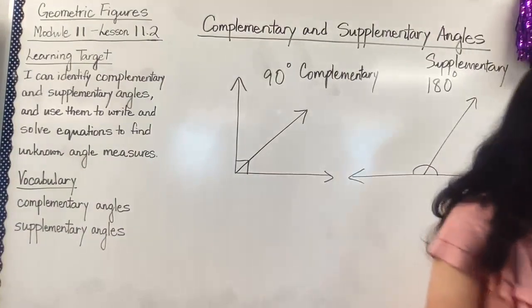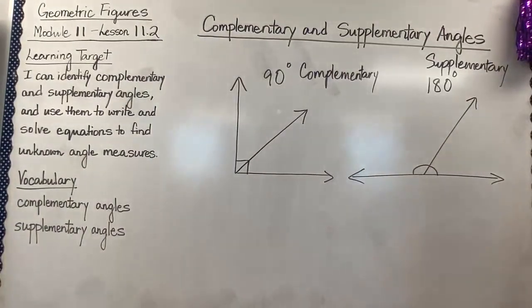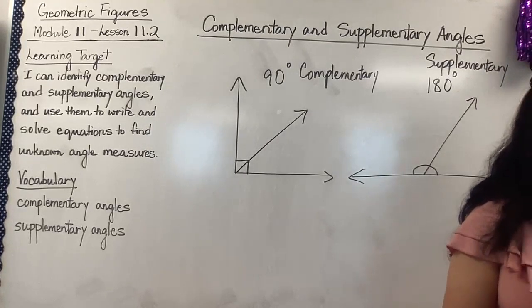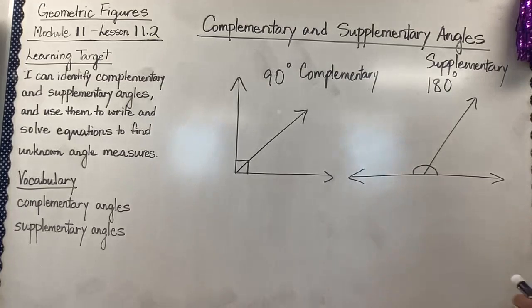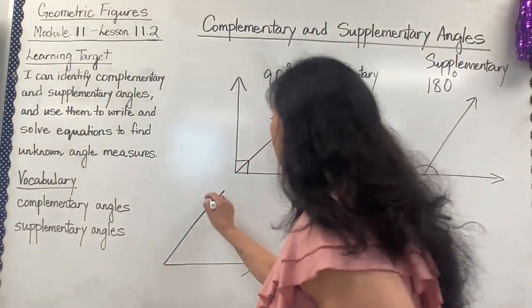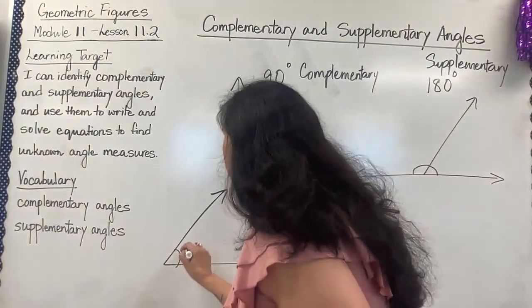Okay, so let's say I give you the measure of an angle, and you give the measure of the angle that is complementary. So I have this angle complementary to 60 degrees.